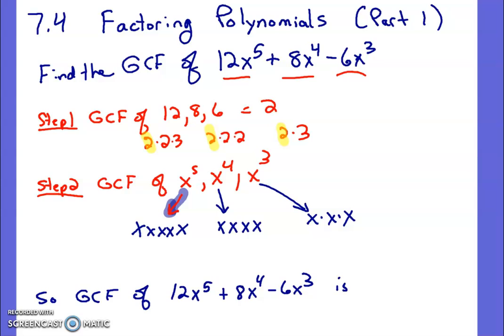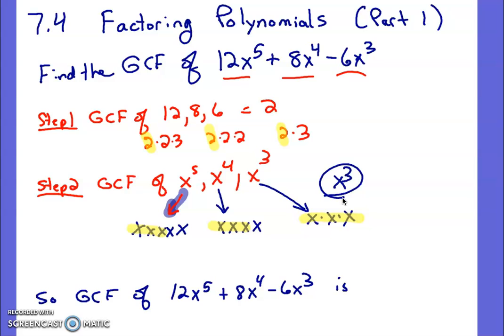You're trying to find the greatest common factor. They all have 1 x, they all have 2 x's, they all have 3 x's, but they don't all have 4 or 5. So the greatest common would be x cubed. That's the greatest common factor between all of those.